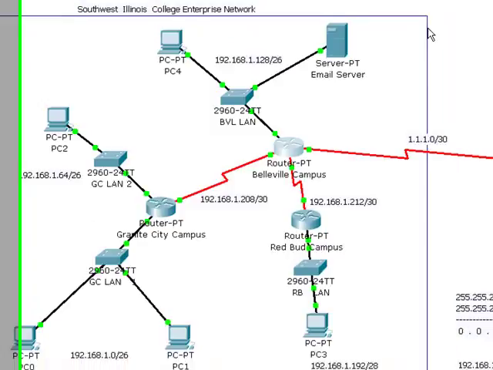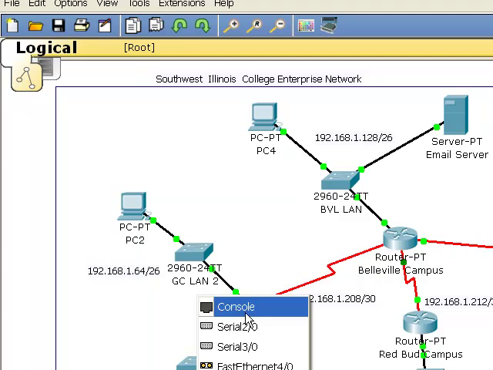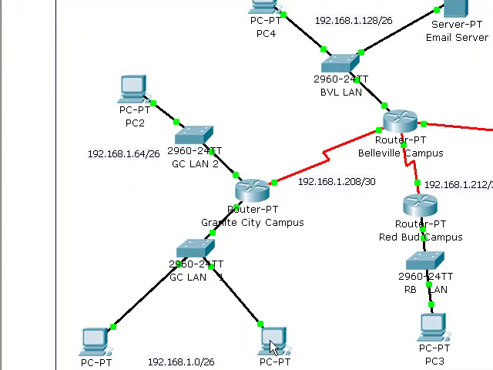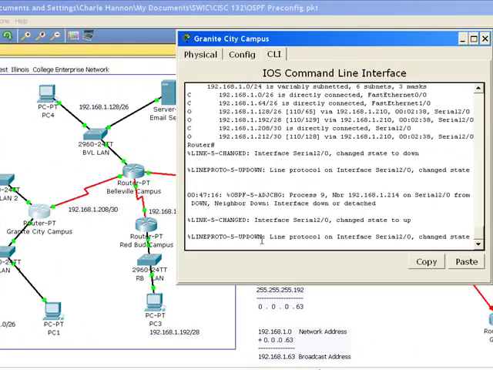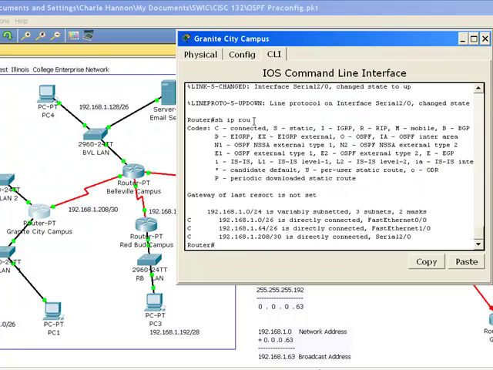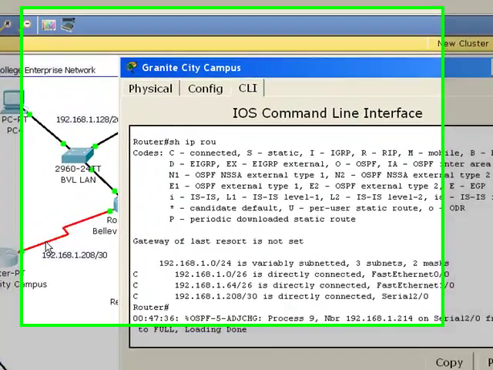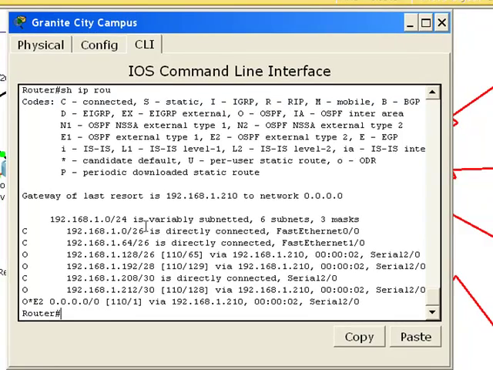Now, when I go down to Granite City, didn't mean to do that, and I do a show ip route, I've lost all my configurations because I disconnected. There we go. Let's try it again. There it is. And now our gateway of last resort is there.